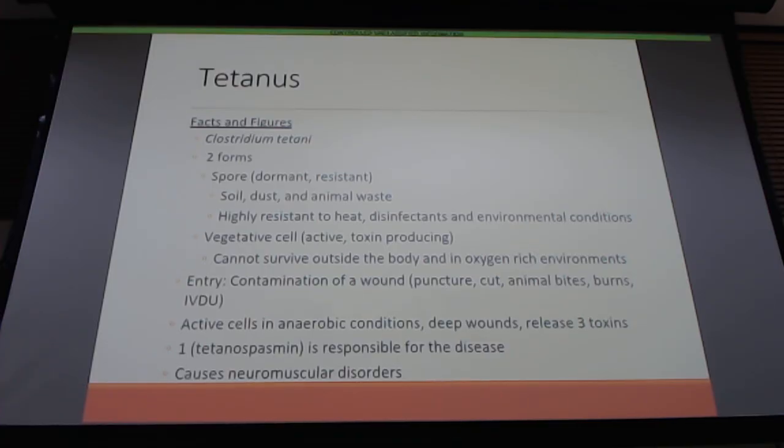And then once it gets into your body, by some cut or something on your leg or foot, and as it warms up a little bit, it goes into its vegetative state. Once that vegetative state kicks in, that's when it starts creating that toxin. And that specific toxin for this one is that tetanospasmin. Right. Same deal with this guy. This guy doesn't like oxygen, so we'll try to go deep.